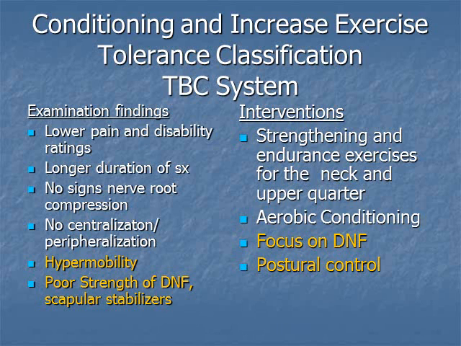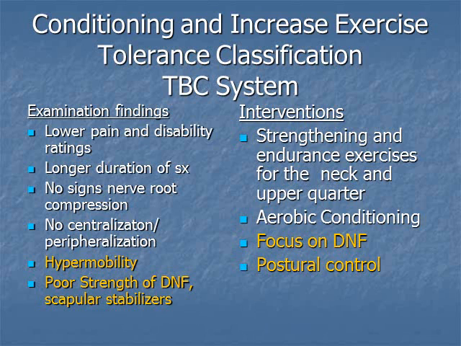The old conditioning and increased exercise tolerance classification. Generally, these are individuals with lower pain and disability ratings than, for example, the mobility or radiculopathy category. They generally have more chronic symptoms. They will generally not have signs of nerve root compression or centralization or peripheralization.